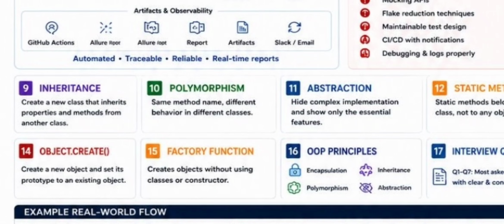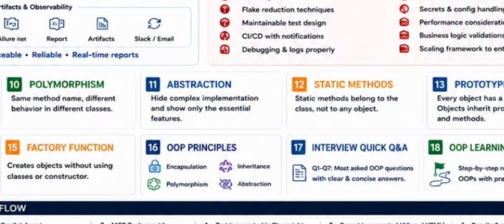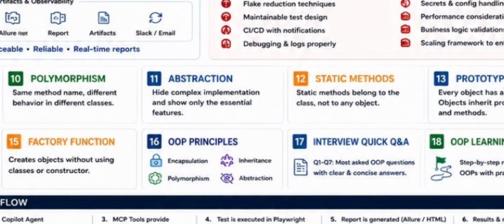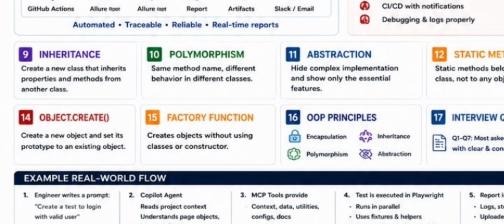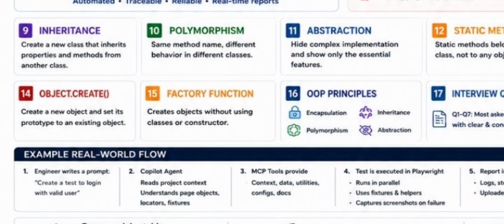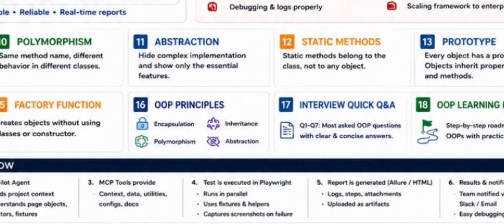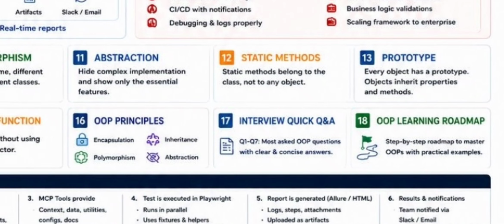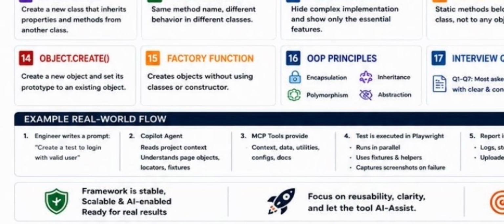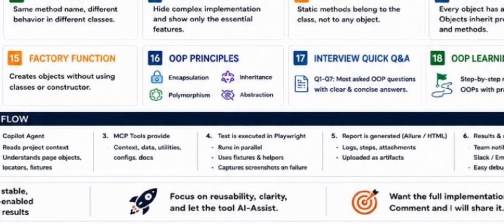We have talked about polymorphism, abstraction, static methods and prototype. Then we have talked about the Object.create method, the factory function and the OOPs principles, interview quick questions and answers, OOPs learning roadmap, and the real-world flow.